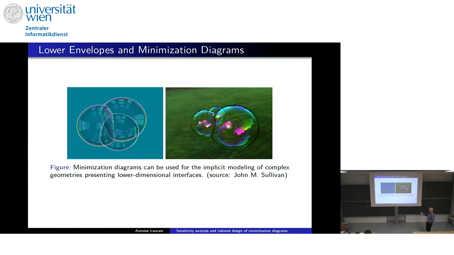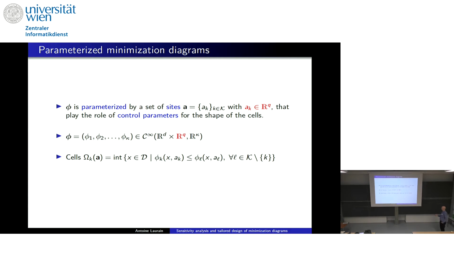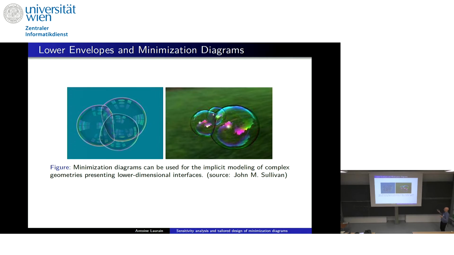You have the contact line, which is 1D, and you have this quadruple point, which is dimension 0. So if you are in dimension n, then you get all the lower dimensional interfaces from n to 0. I think it's really nice because you can model some complex geometries with non-smooth shapes just with a single function phi.